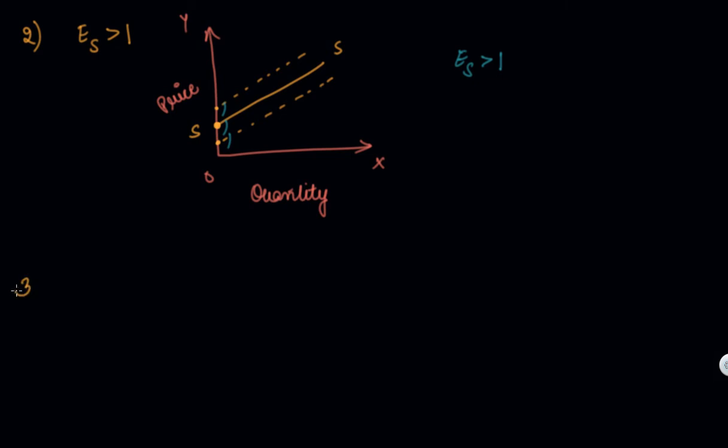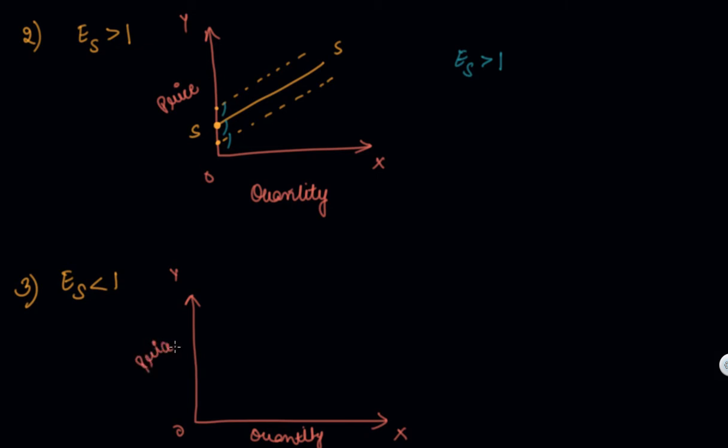The third one is elasticity of supply less than 1. Let's make a graph again. Quantity on X, and this is your price.